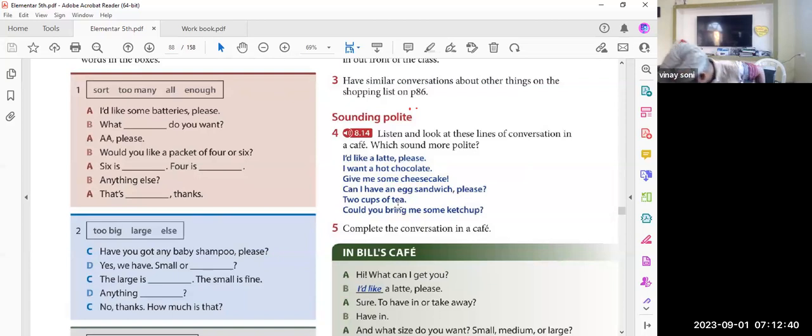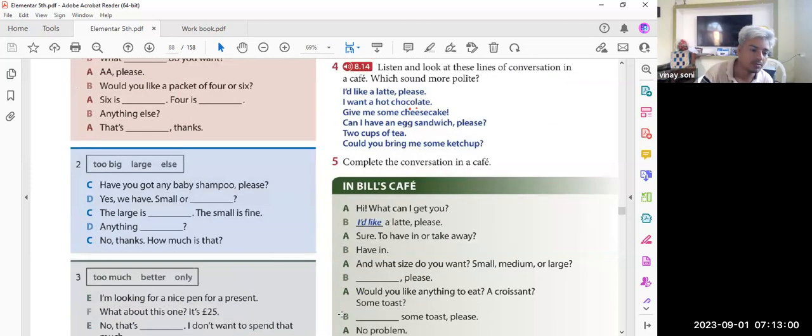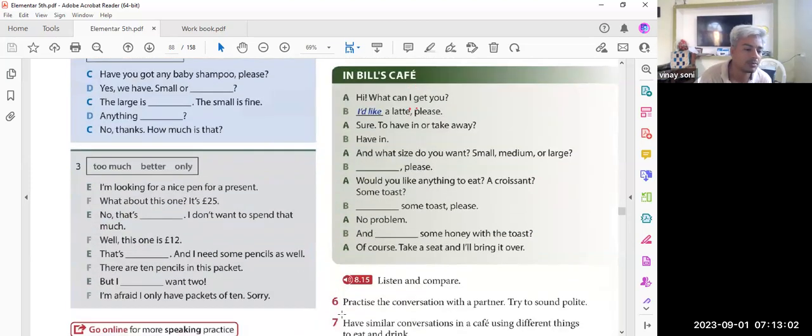Anything else? No, thanks. How much is that? 3. I'm looking for a nice pen for a present. What about this one? It's £25. No, that's too much. I don't want to spend that much. Well, this one is £12. That's better. And I need some pencils as well. There are 10 pencils in this packet. But I only want 2. I'm afraid I only have packets of 10. Sorry.